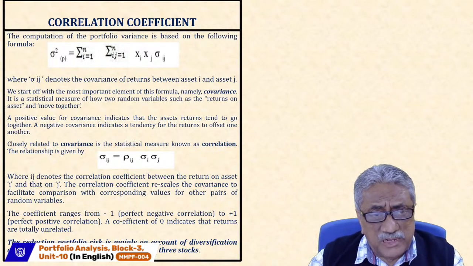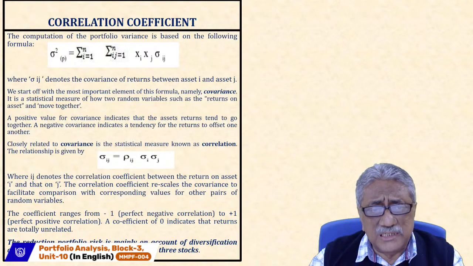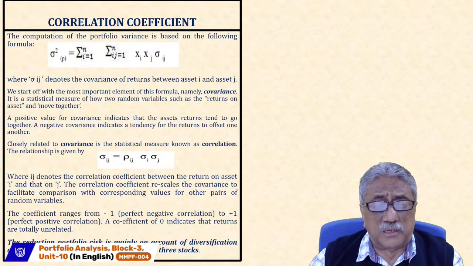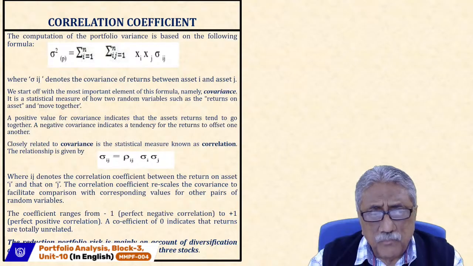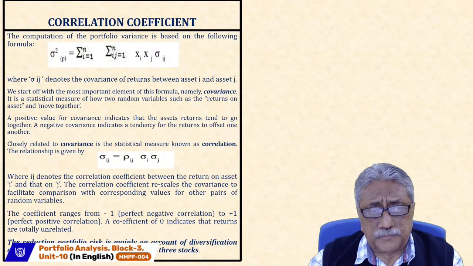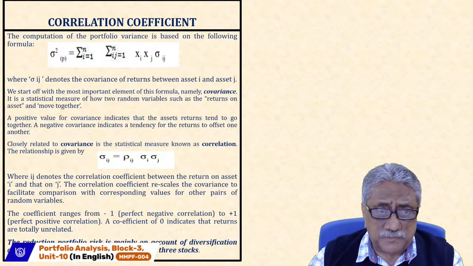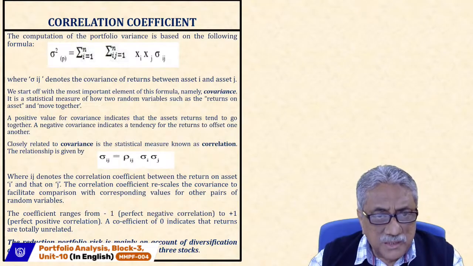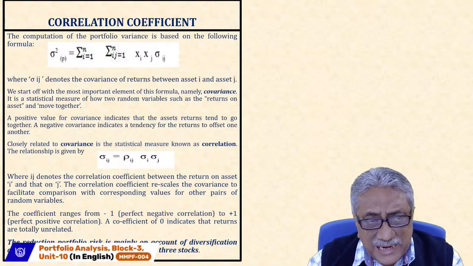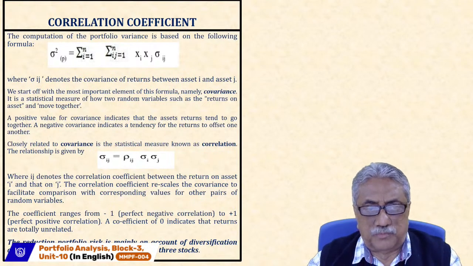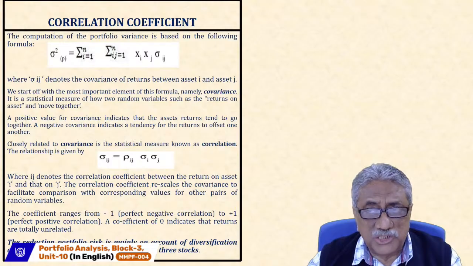A negative covariance indicates a tendency for the returns to offset one another. What do I mean? Suppose Tata Steel goes up, but Siemens comes down. That means there is a negative covariance between the two. So what will happen?